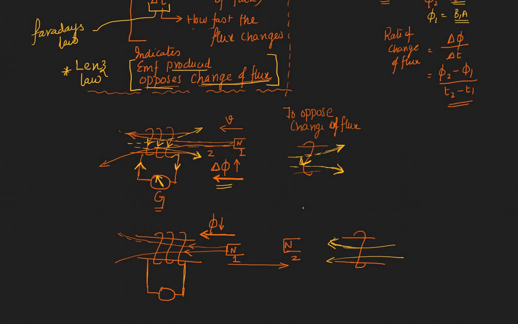And the way it can do it is by passing current the other way. So the current is passed in the other way, so that it resists the changing flux in that direction. In this particular case, the current will move like that. So your deflection is towards the right, unlike the previous case.